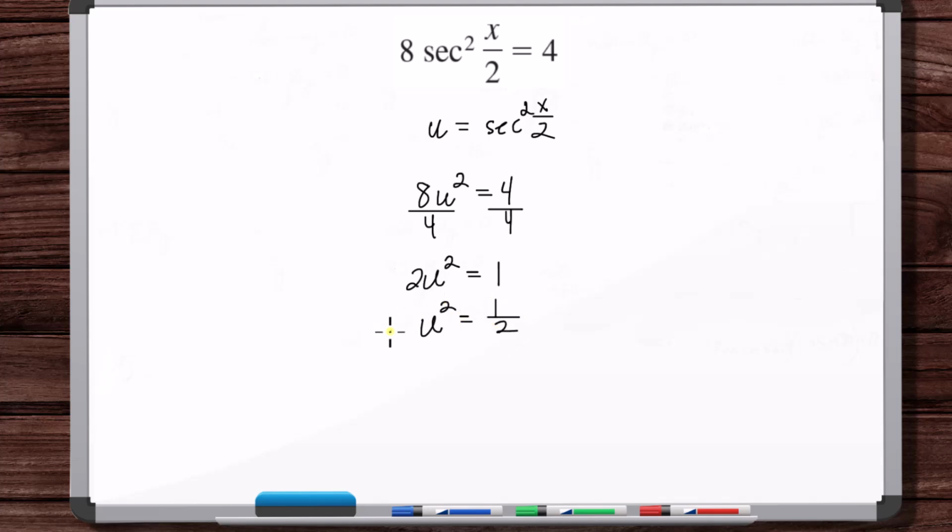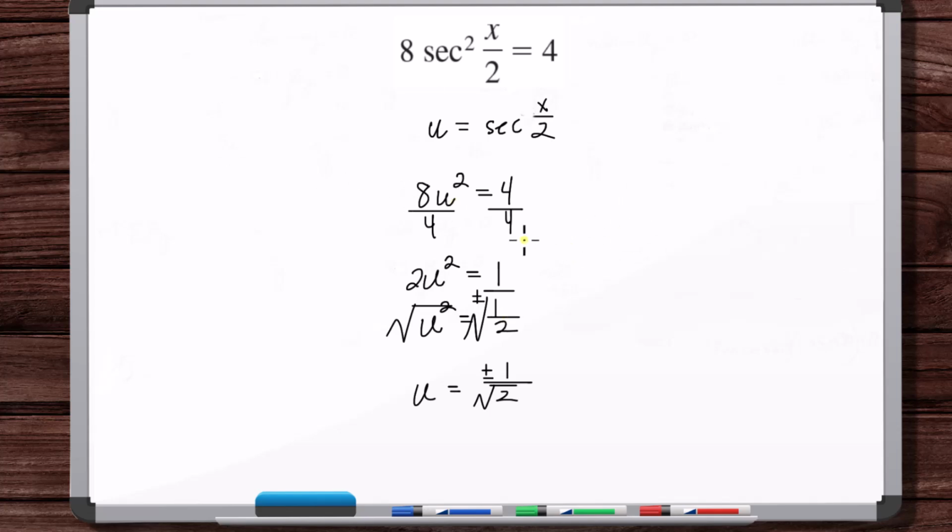Okay, so we could do this and then take the square root of both sides. So you've got plus or minus 1 over root 2. Oh, I meant to put u is equal to secant x, not secant squared. And that's why we had u squared here.